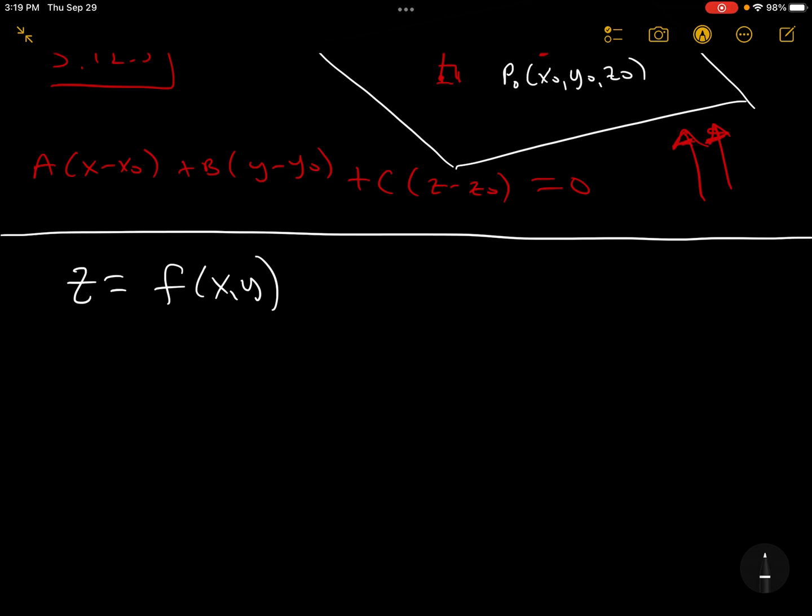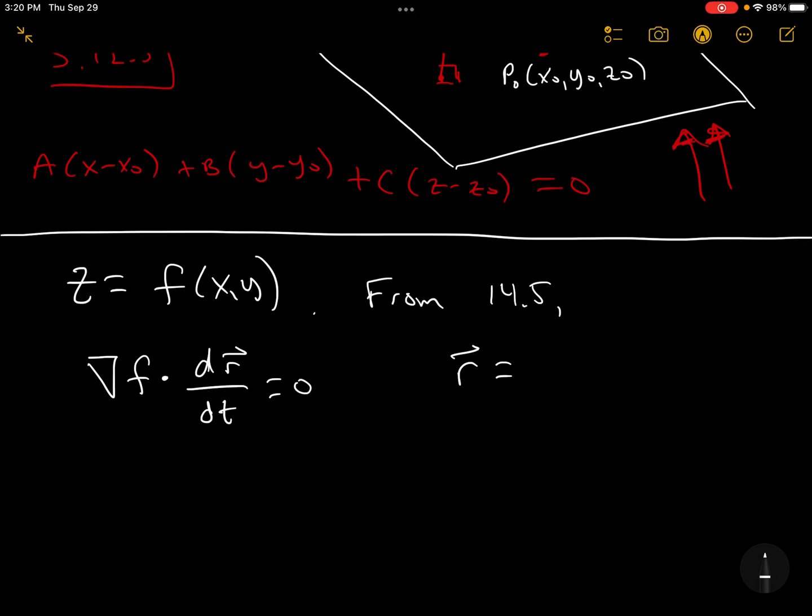And we know from 14.5 that if you take any point and any parametrized smooth curve on this surface, del f dot dr/dt equals 0, for some r which is g i plus h j plus k k, and r is a function of t.